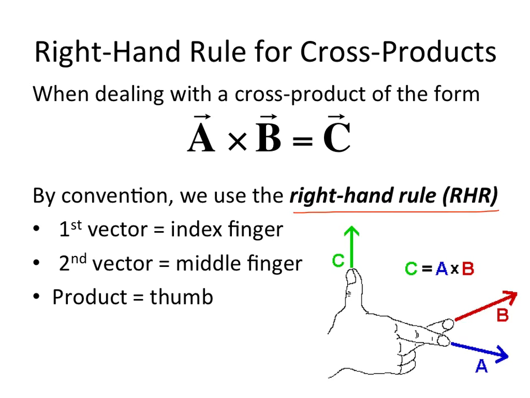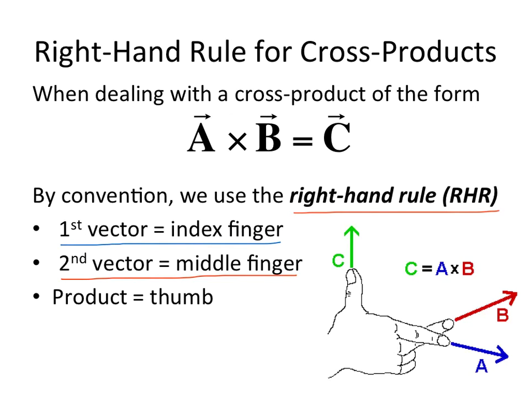So if you take your index finger and point it straight out, that's our first vector. I'll underline our first vector in blue right here. That's our vector A, straight out. And if the other vector being multiplied by it is at right angles to it, like our vector B, that would be your middle finger, at right angles to your index finger.